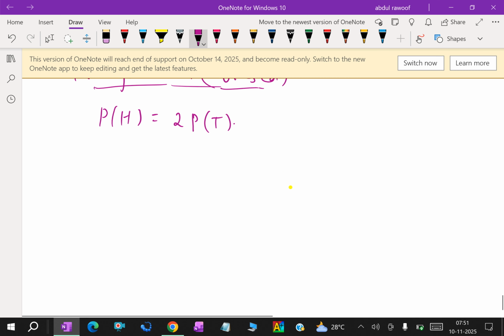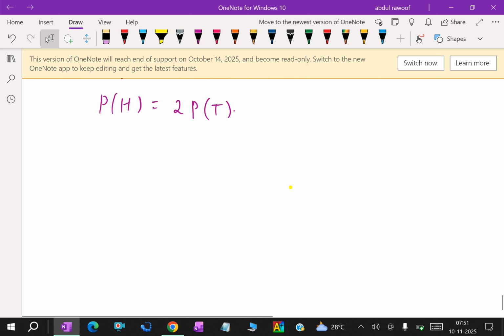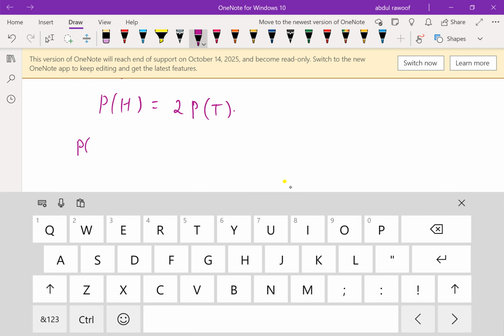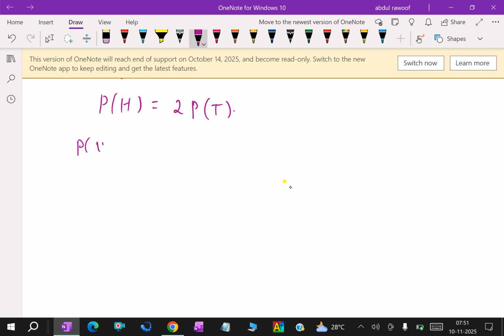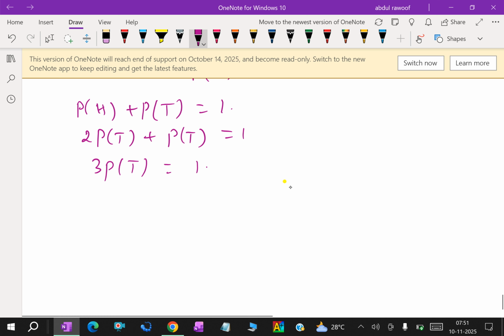Now we know that P of H plus P of tail equals 1. Here P of H is 2 P of tail, plus P of tail equals 1. Therefore 3 P of tail equals 1. Therefore P of tail equals 1 over 3.